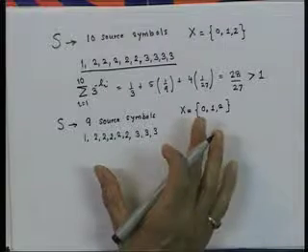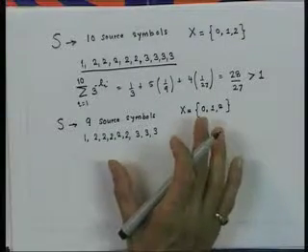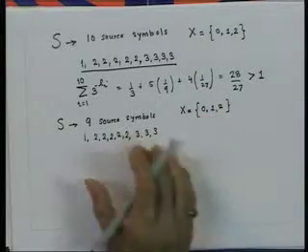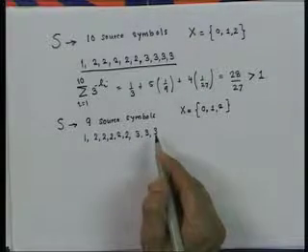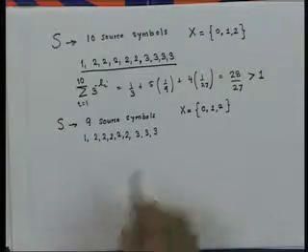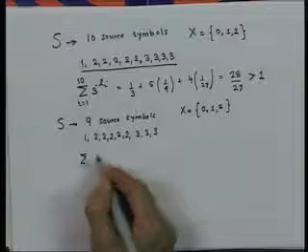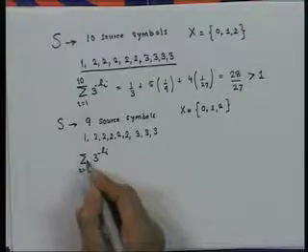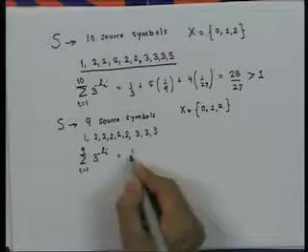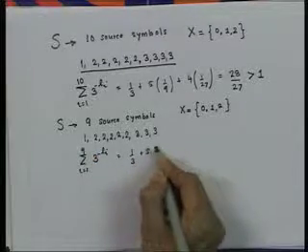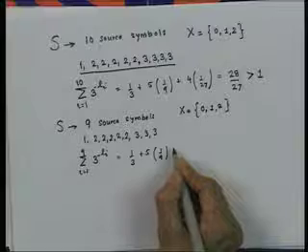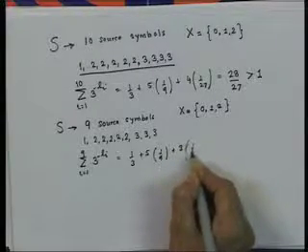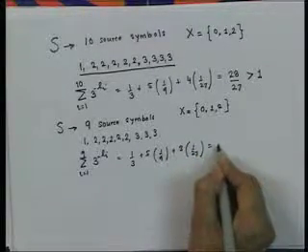Before we start designing an instantaneous code, it is essential to check whether this set of code word lengths satisfies the Kraft inequality. So, let us do that, and if you substitute the values into this expression, we get this to be equal to 1.